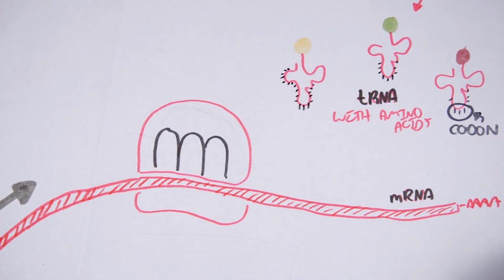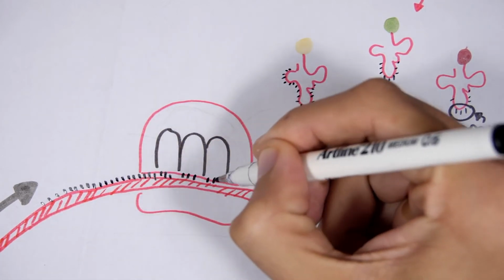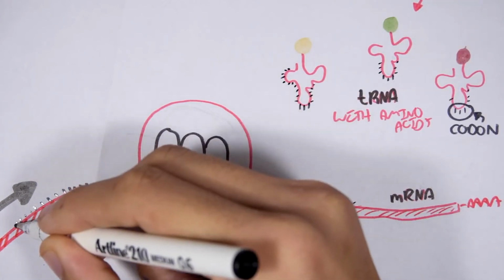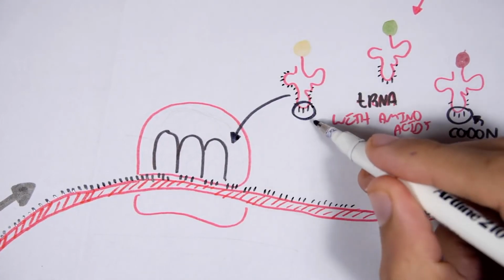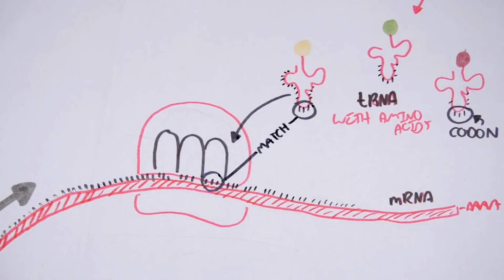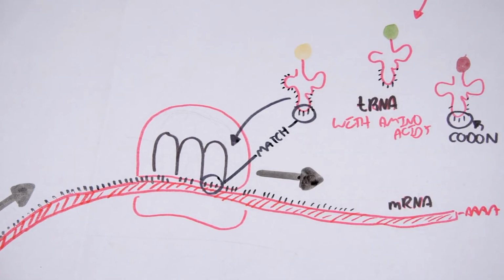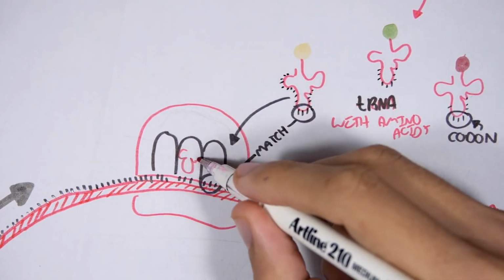These 3 nucleotides are called codons in mRNA and anticodons in tRNA. So for example, if this tRNA anticodon matches this codon of the mRNA, it will bind on the A site of the ribosome. The ribosome will then keep moving, and then the tRNA will then be on the P site of the ribosome.